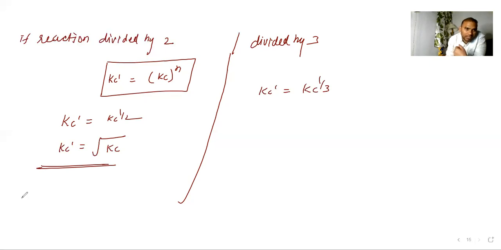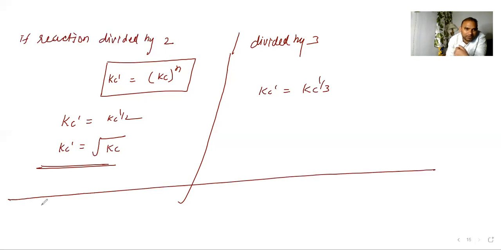Another case: if multiplied by 2, the coefficient comes directly in front, so it becomes the power directly. So Kc dash is equal to Kc square.